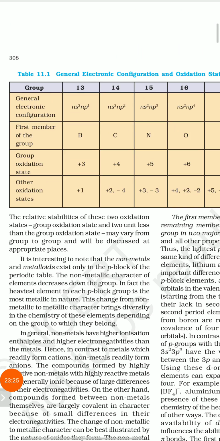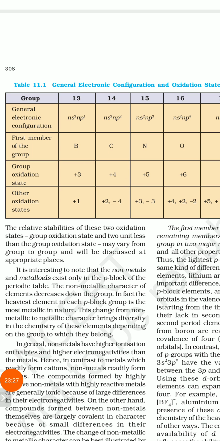Next one, and one more interesting point. The inert pair effect definition: the stable electronic configuration of the ns orbital does not participate in chemical reactions, or pairing of electrons does not happen. So the participation of ns electrons is less compared to the p orbital.